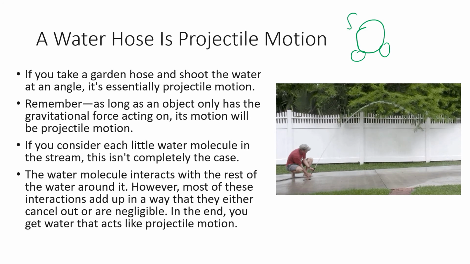So this end is slightly negative, this end is slightly positive. If you look at each individual water molecule, there are a lot of different forces acting on each other. However, with a lot of water molecules interacting, these interactions add up and can be canceled out or considered negligible, meaning they can be ignored. In the end, water itself, as you see in this GIF, can act in projectile motion.